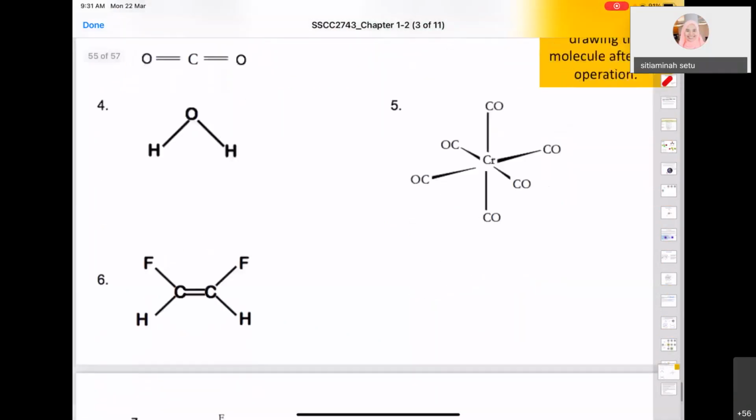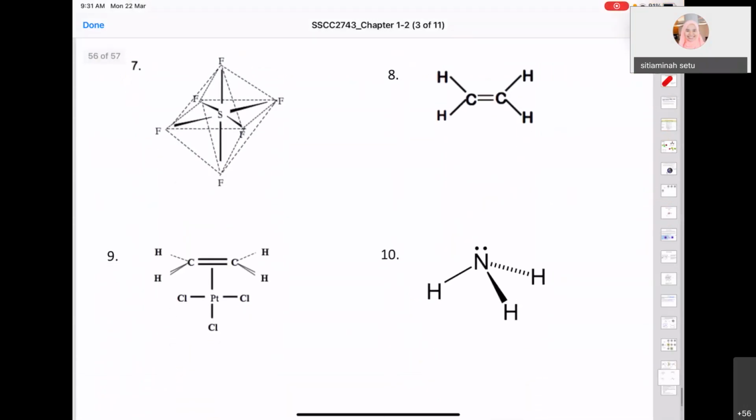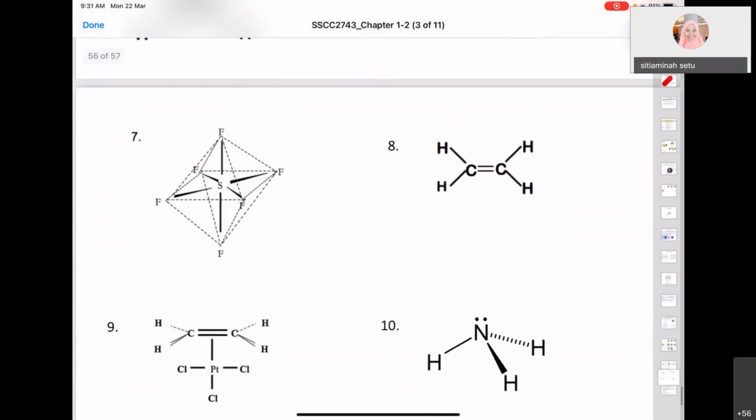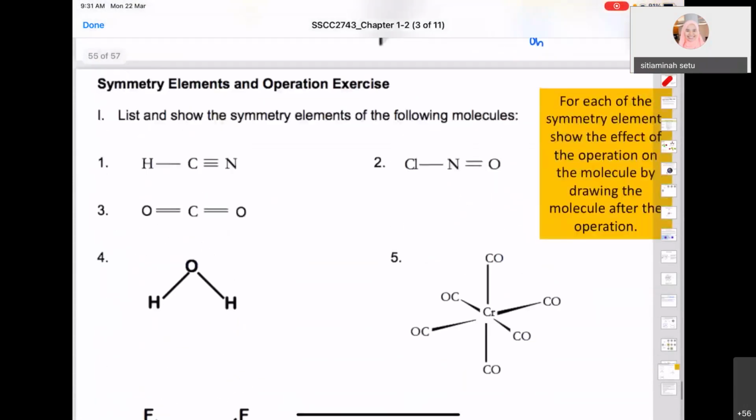Ada 10 molekul kat sini, 1, 2, 3 sampai 10. For each molecule, listkan dan show the symmetry elements of the molecules.